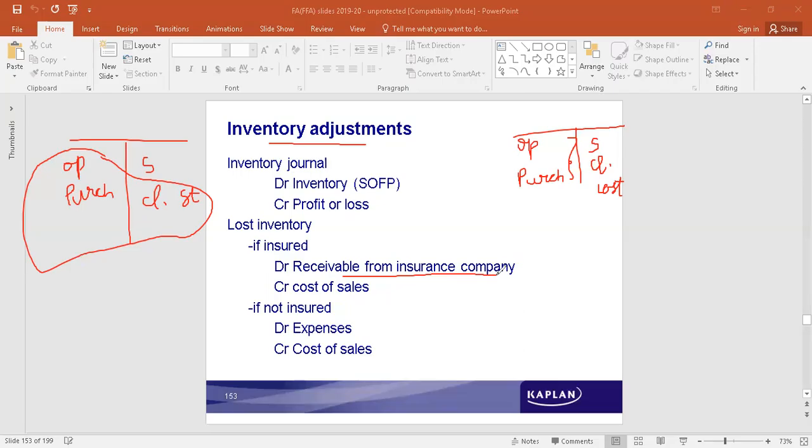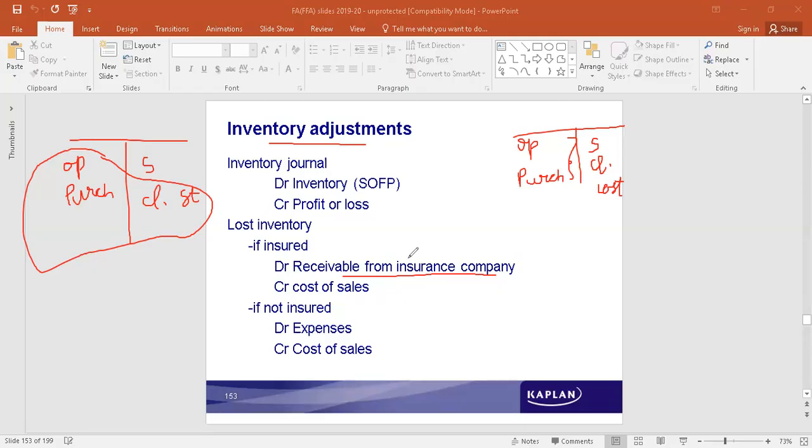It would not be received from the customers to whom these goods would be sold because they are already lost. There is a loss, but this loss is already covered by insurance. Therefore, it becomes a receivable. It is an asset which will be recorded under a different name, called receivable from insurance company.